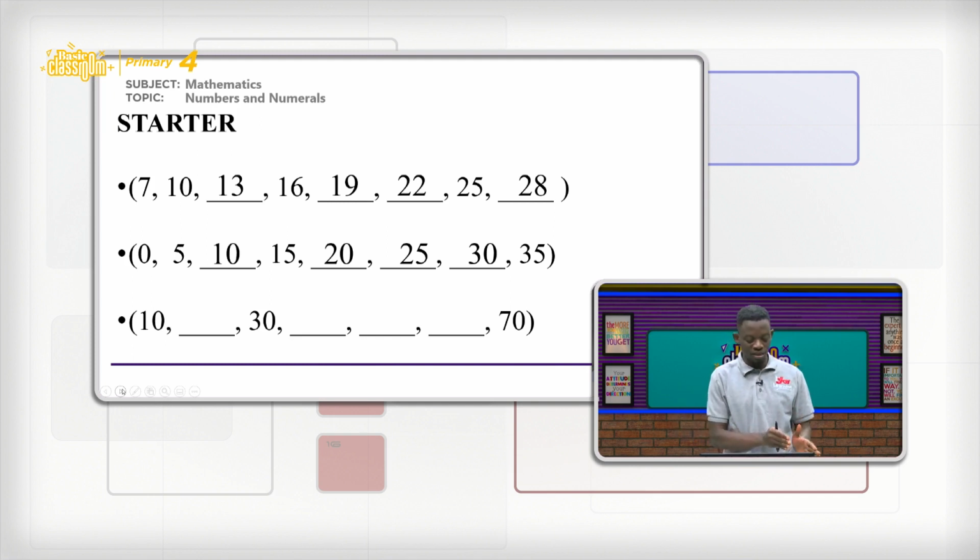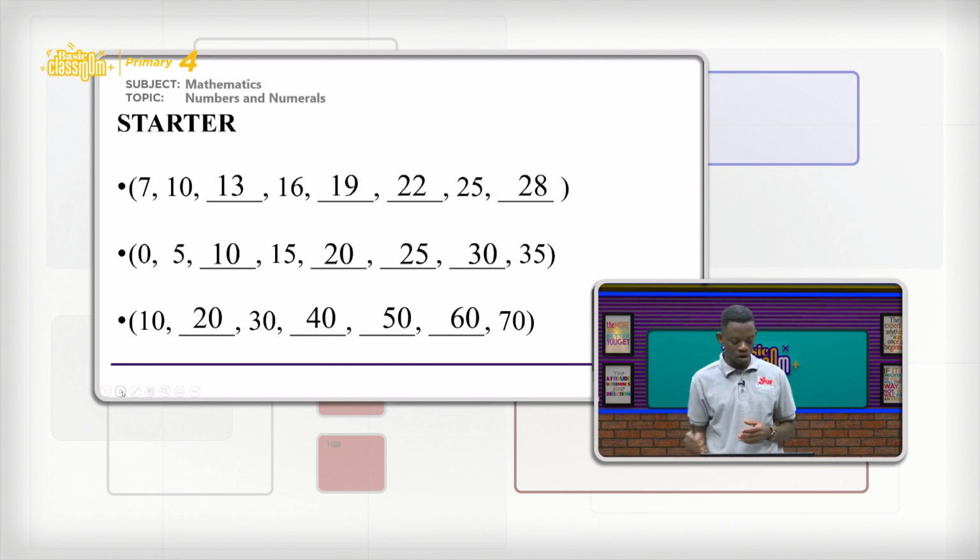So between 10 and 30, which number do you think we can put over there to make the statement true? I believe you are saying 20. Very good. So it is 20. Then we move on to 30, then 40, then 50, 60, and we have our last number as 70. So very good, learners.